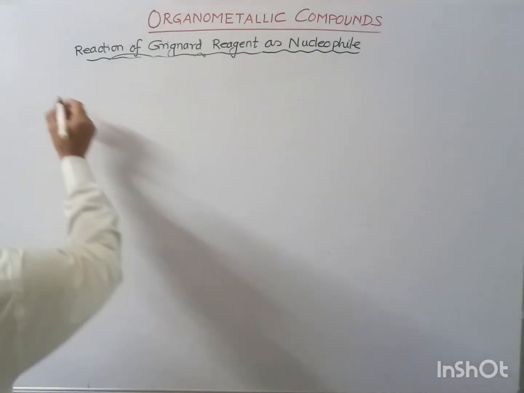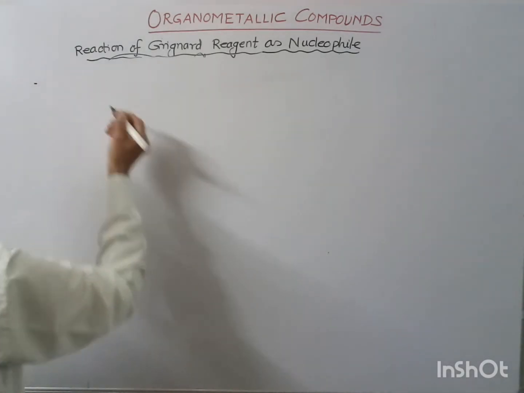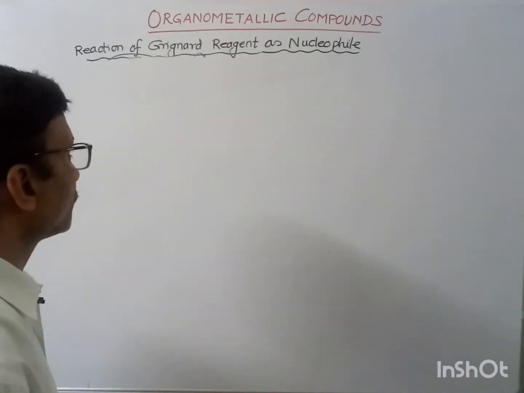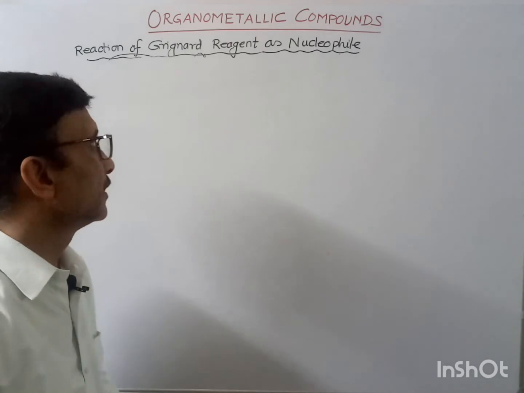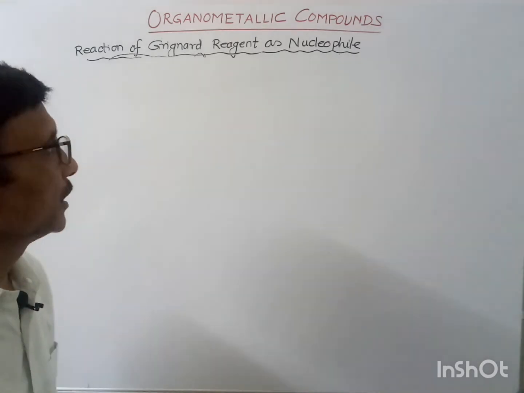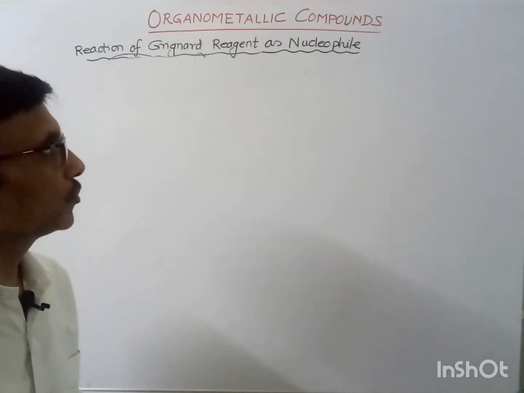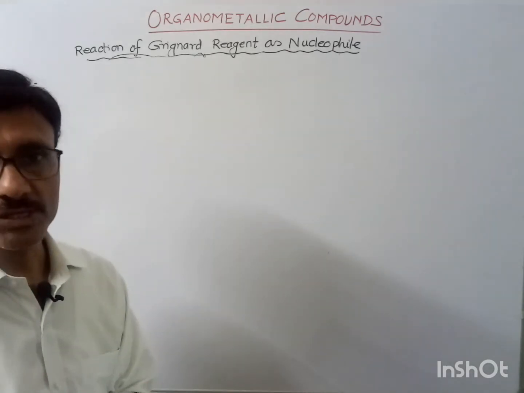For example, suppose we have any carbonyl compound, it may be aldehyde, it may be ketone, it may be ester, it may be acetyl chloride. So Grignard reagent reacts with all of these compounds.